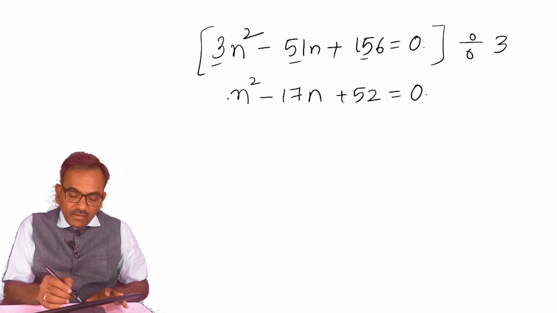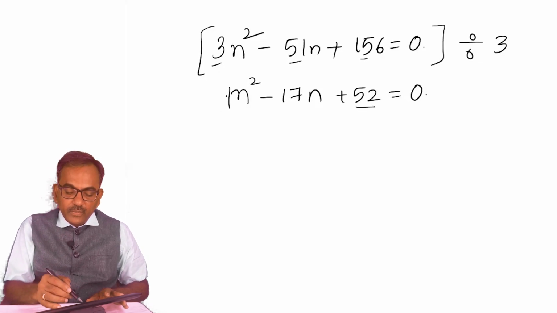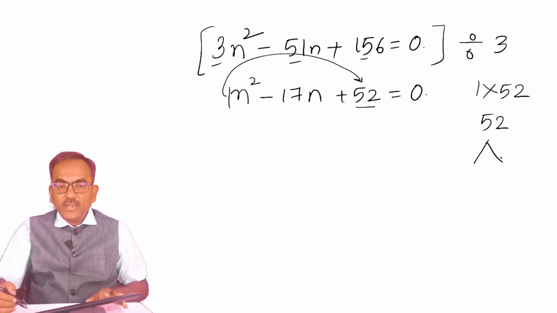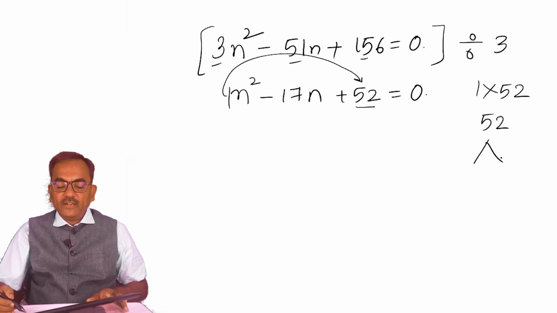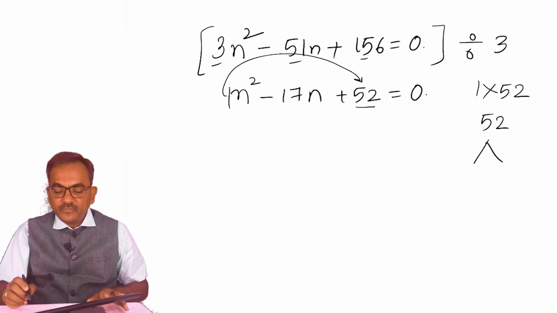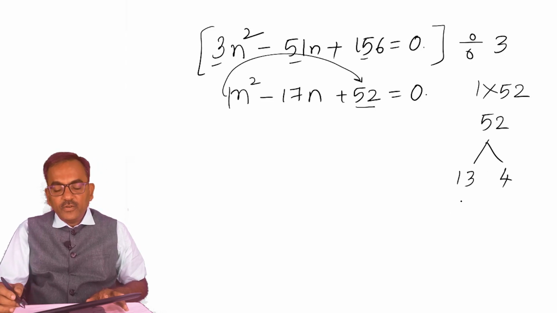Now taking further, the coefficient of n square is 1 and we have 52. Let me multiply these two. 1 into 52 is 52, and I need to consider the factors of 52 in such a way that when I add them, I end up with minus 17. So here it is very clear that this is 13 and 4, and minus 13 and minus 4.